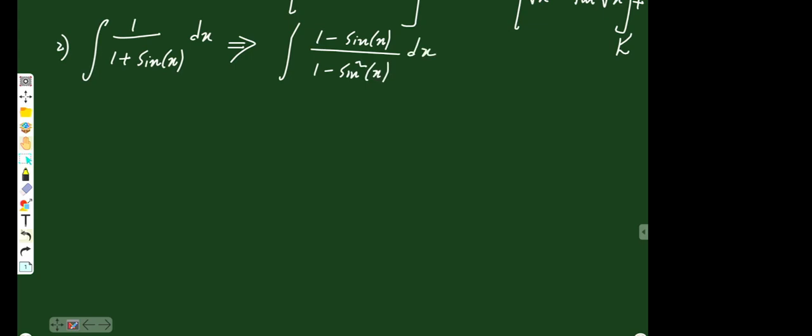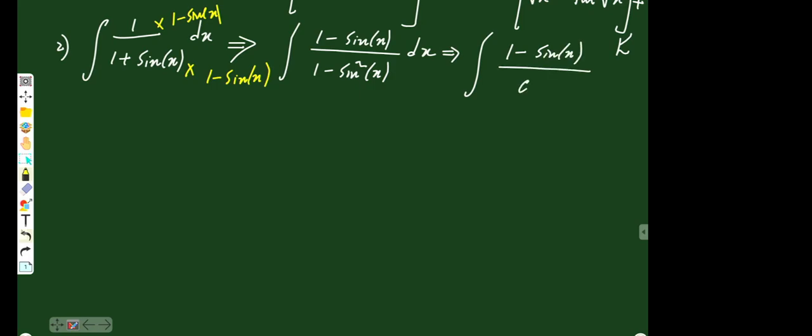Aman multiplied this by 1 minus sin x. So then this is nothing but 1 minus sin x divided by cos squared x dx.